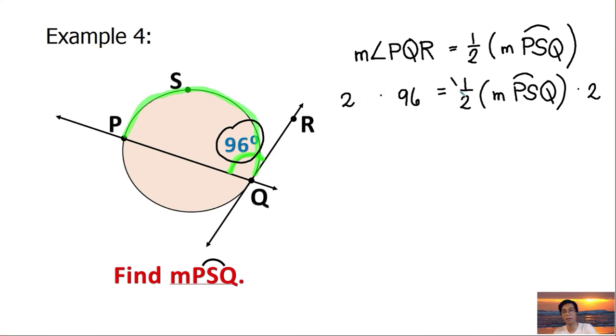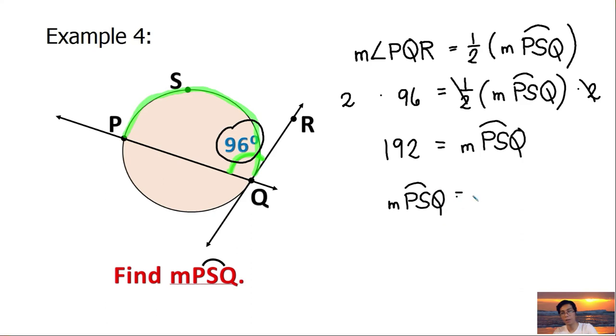Cancel na to. 2 times 96 is equal to 192. Is equal, so alala natira dito, measure of arc PSQ. Pagbaligtarin mo na lang, so the measure of arc PSQ is equal to 192. This is our final answer.